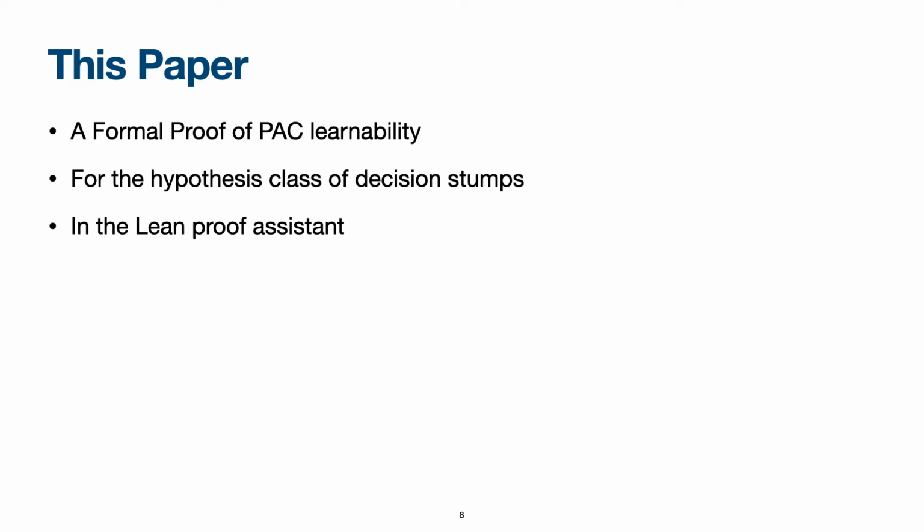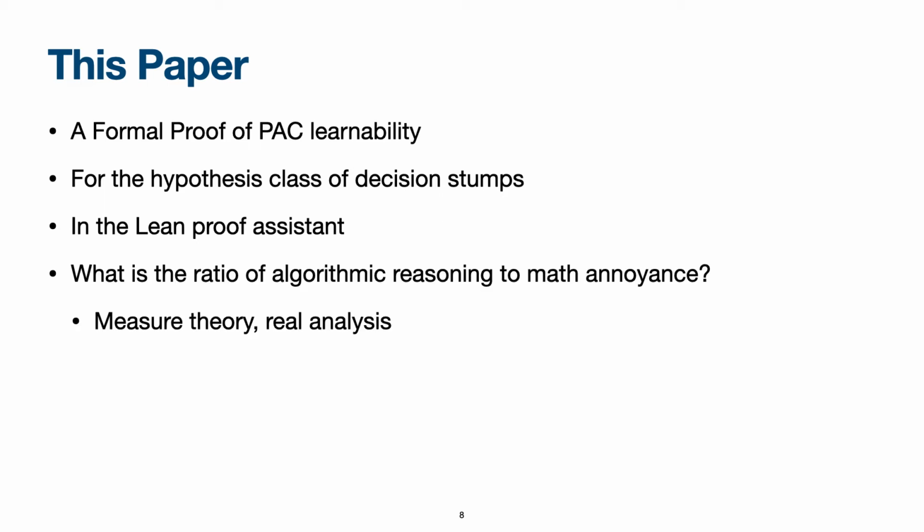In this paper, what we do is to develop a formal proof of PAC learnability for a specific class, the hypothesis class of decision stumps. And we do so in the Lean Proof Assistant. As part of this, we ask the question, what is the ratio of algorithmic reasoning to the math annoyance?